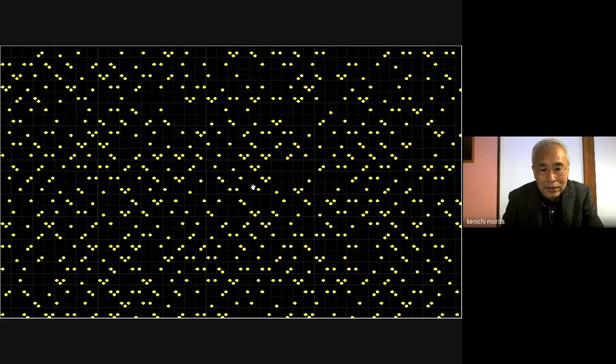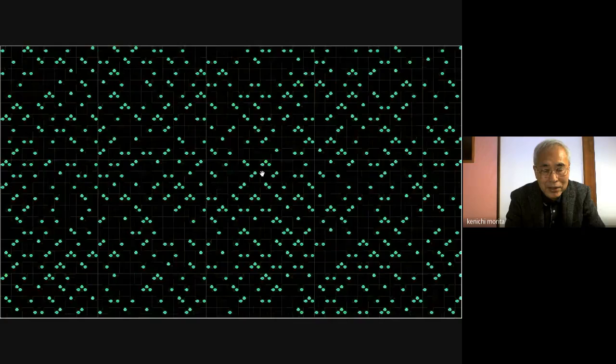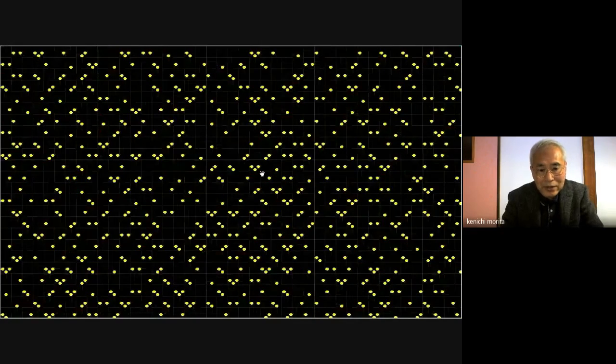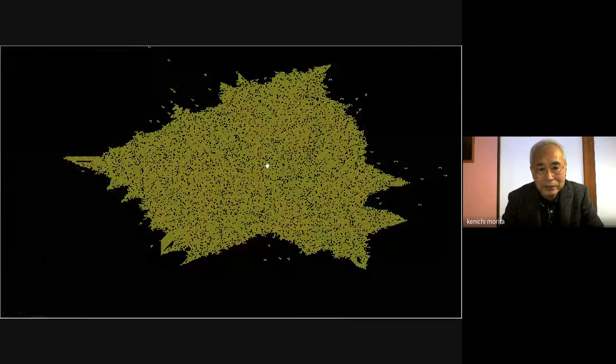Here, green dots are downward triangles, and yellow dots are upward triangles. Therefore, two kinds of cells exist. In such a way, a triangular cellular automaton is simulated.